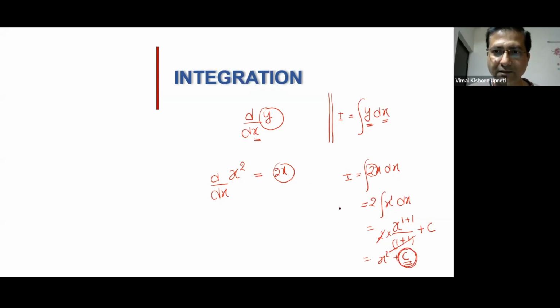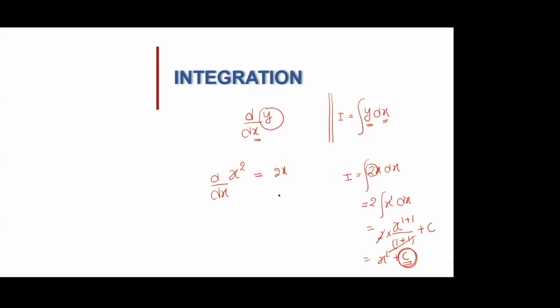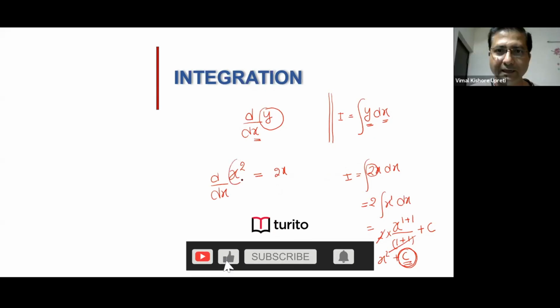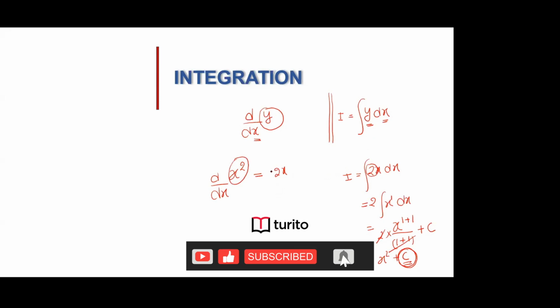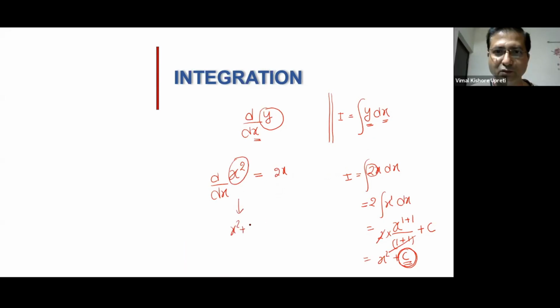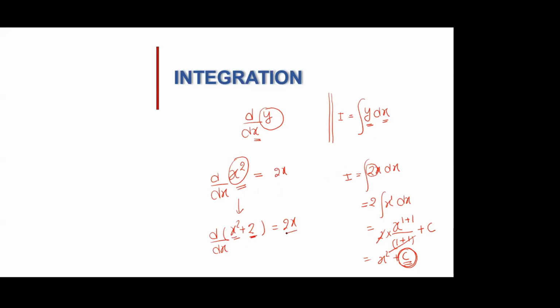Now, why are we writing c? Anyone? Why are we writing c? Sir, because there's a constant. See, whether I differentiate x square or I differentiate x square plus 2, in both cases I am going to get the same result. Whether I differentiate x square or x square plus some constant, I am going to get the same 2x.